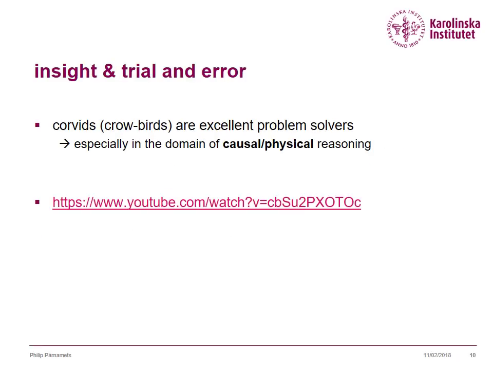But before we leave this historical overview, I want to look at one more animal, and that is the crow or the raven. Generally, this type of bird, known as corvids, are known as excellent problem solvers, especially in the domains of causal or physical reasoning.